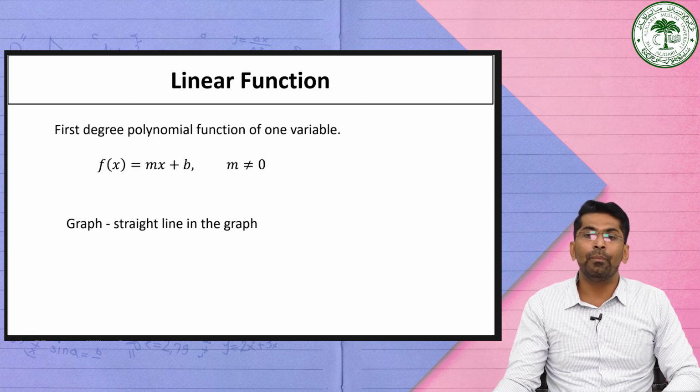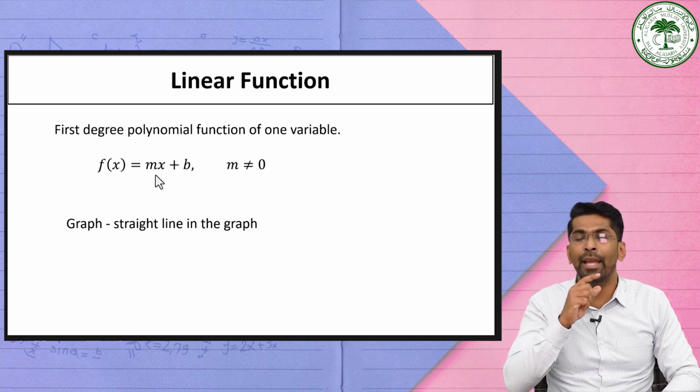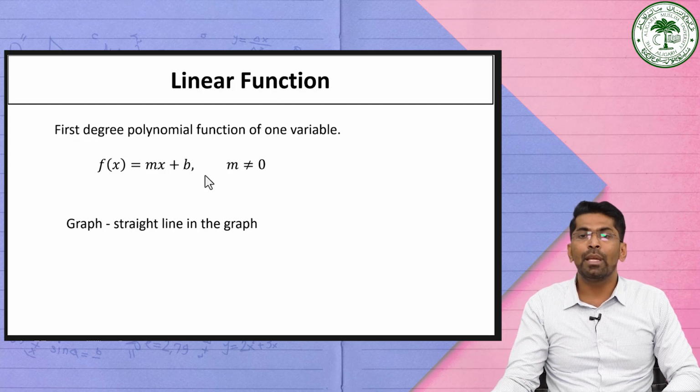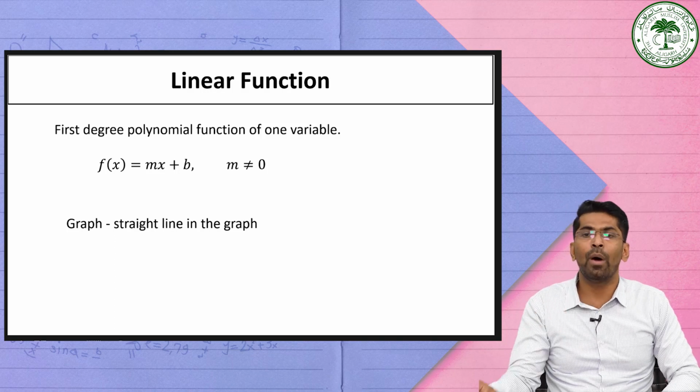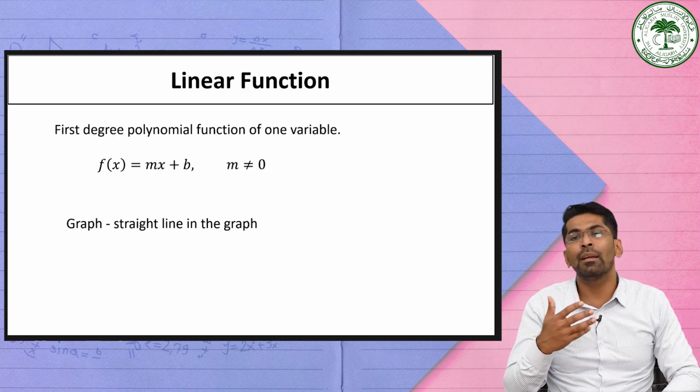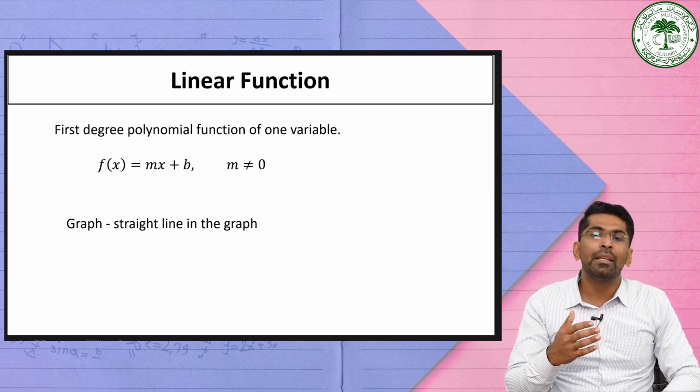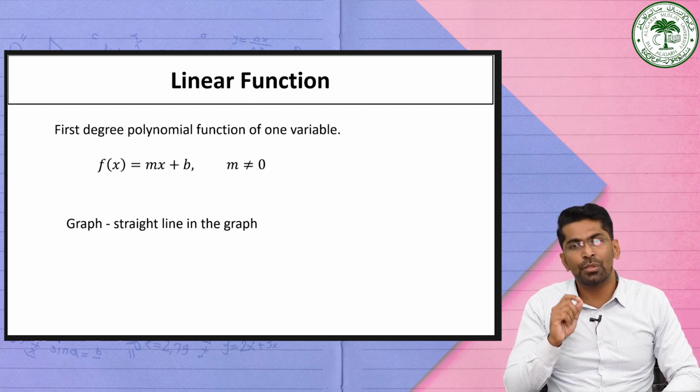The slope m indicates the steepness of the straight line, and b is the intercept, the point where the line intersects the y-axis. The discussion regarding how to draw the linear graph will be delivered in the upcoming weeks. Anyway, the graph of the linear function is a straight line.